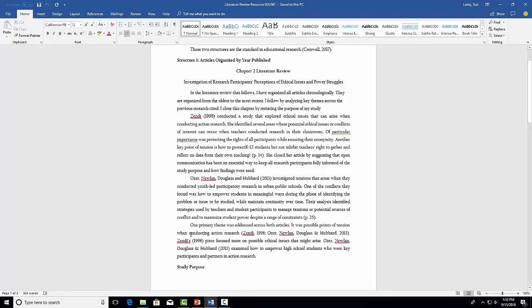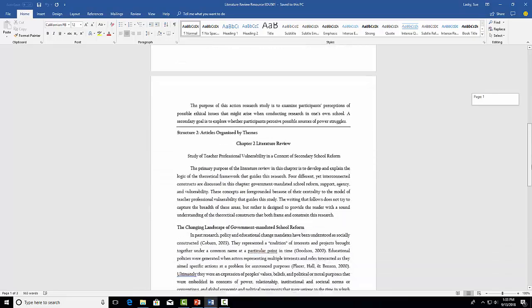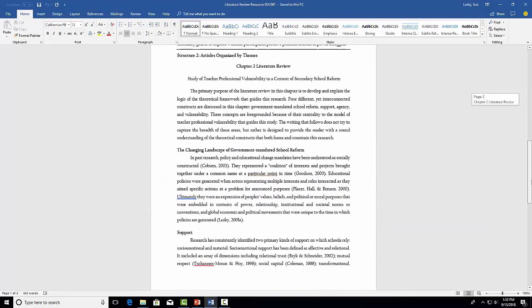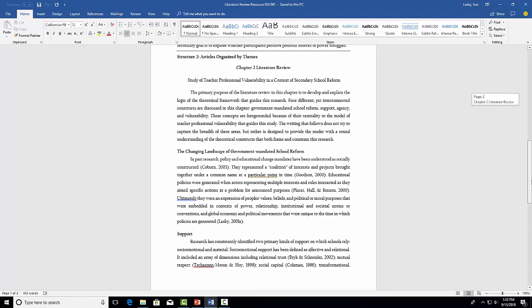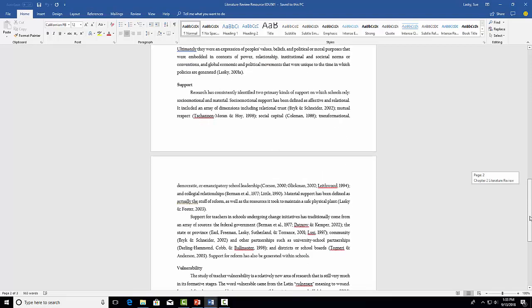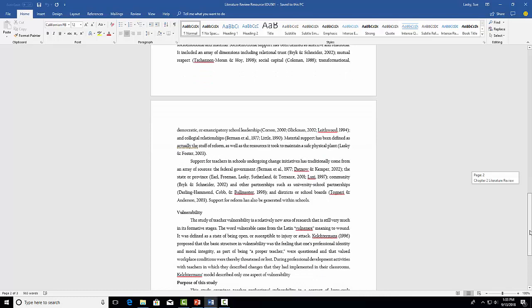Notice you close here with a synthesis of the key findings across the articles. Second structure that we have for writing a lit review is organizing by themes. And notice that this lit review has level 2 headings that identify each of the themes being discussed. All right?